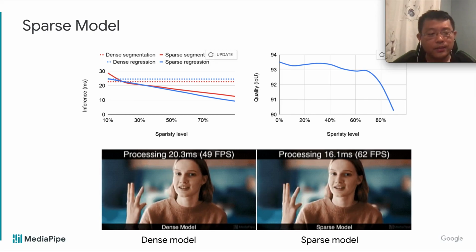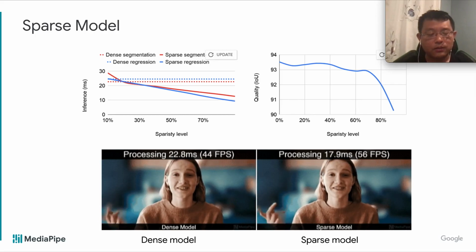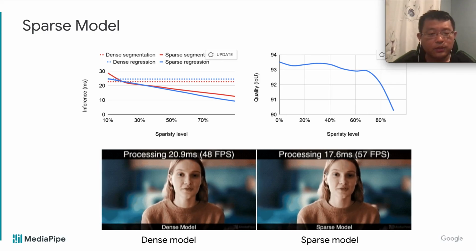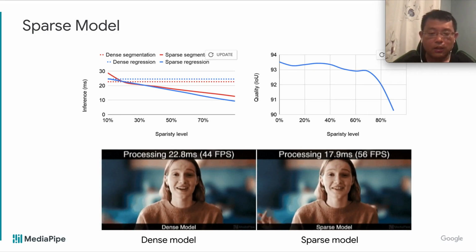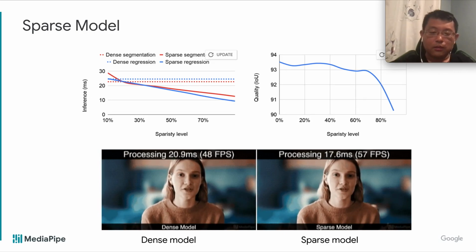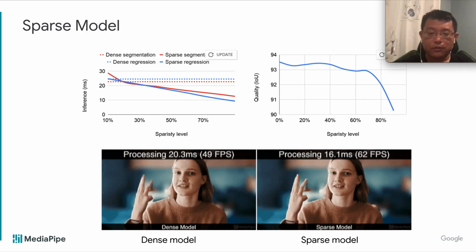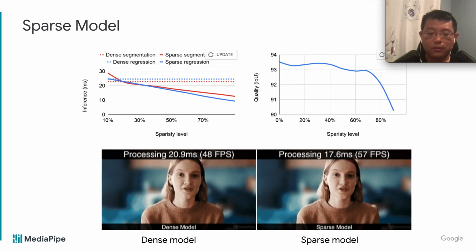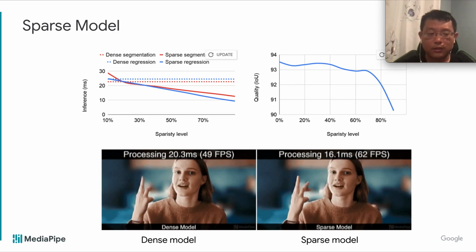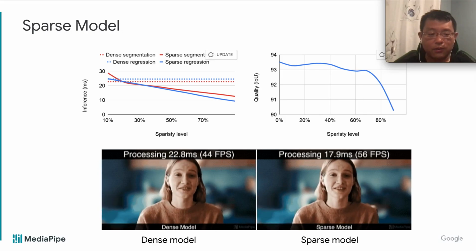We apply sparsity in some of our models. The left figure shows inference time over sparsity level. The inference time is reduced when increasing the sparsity level. The right figure shows model quality over sparsity level.